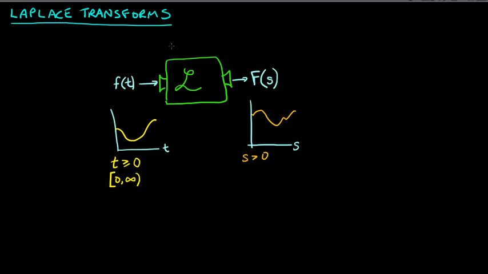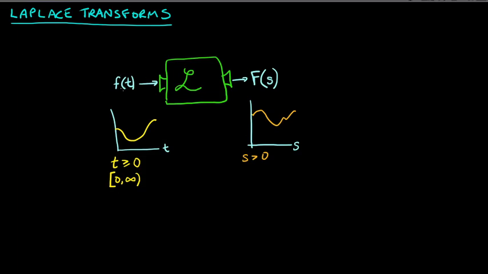Yep, so that's what the Laplace transform does. It transforms one function with this domain to another function, but it also transforms the space that it lives in. So the input functions live in t space for time, and then the output functions live in s space for s. Okay?